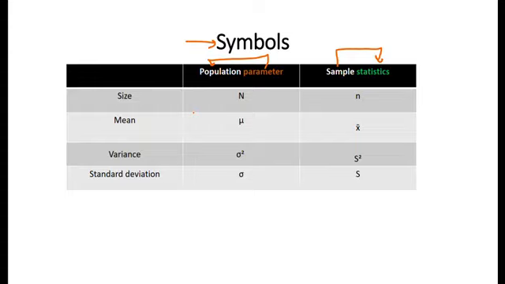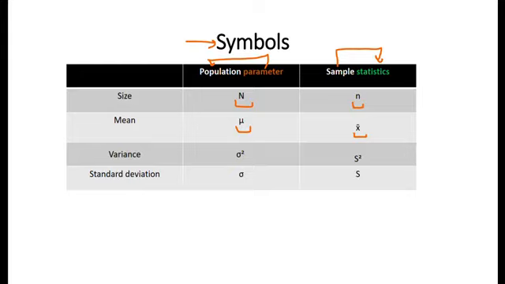All right, now let's start with the symbols. Normally, when we write equations to find certain parameters, capital N represents the population size, whereas the small letter n represents the sample size. Second, the mean. We use the mu symbol to represent the mean of a population, whereas we use x bar to represent the mean of a sample.